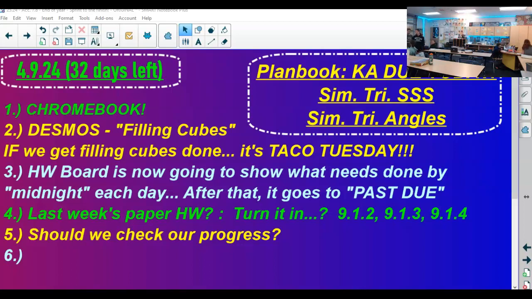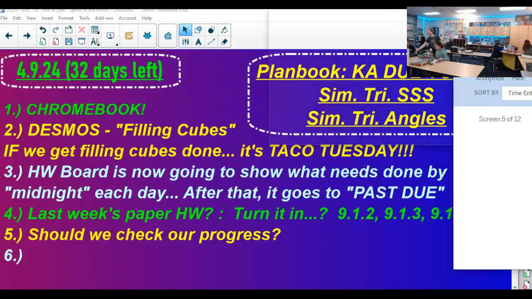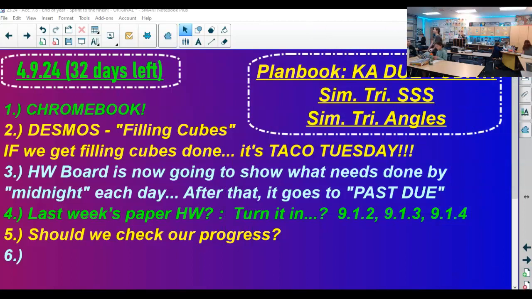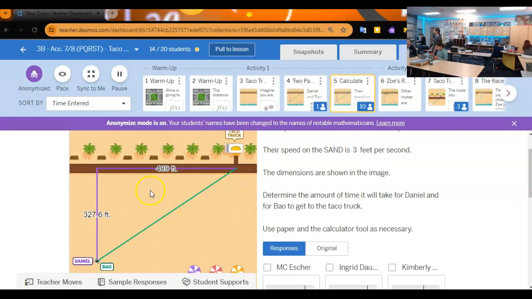Dude, you didn't even answer everything. Your slide 5 just shows an alert. Go back to slide 5 and look if you actually answered everything. Wait, slide 5 on which thing? The taco one.